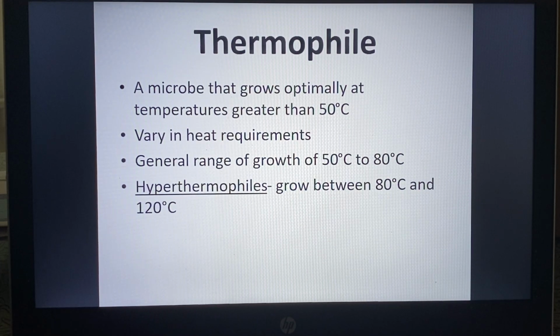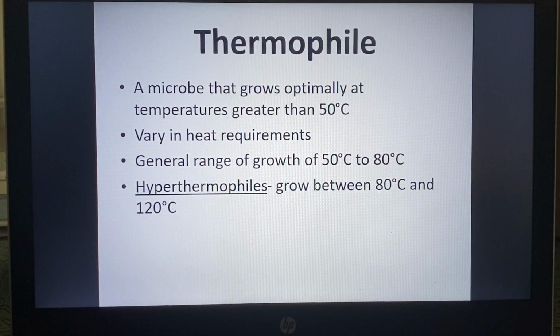So thermophiles like things that are really hot, and you can actually have what are called hyperthermophiles, and these grow in volcanoes. They can grow in hot vents, like Old Faithful at Yellowstone has bacteria growing in it that are hyperthermophiles.